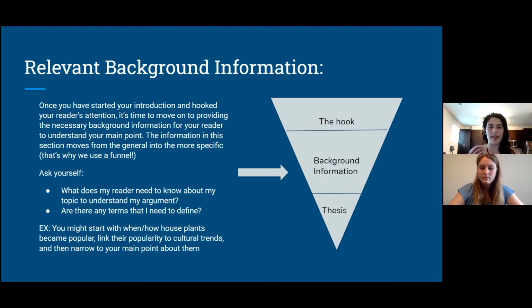You can ask yourself, what does my reader need to know about my topic to understand my argument? Are there any terms that I need to define? So for example, continuing on, say we're writing about houseplants, you might start with when or how houseplants became popular and link that popularity to cultural trends, and then begin to narrow to your main point about them.